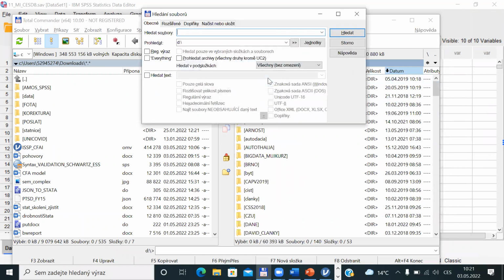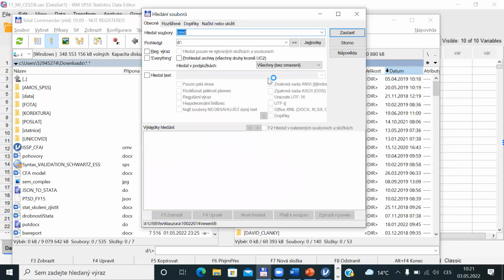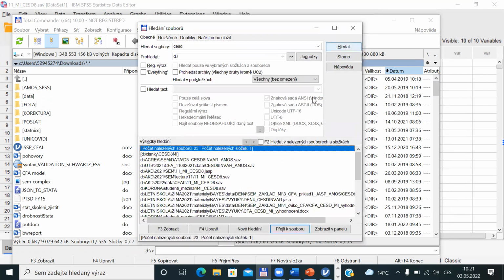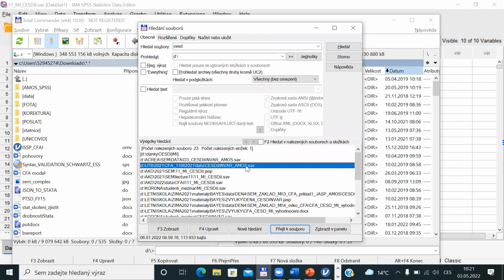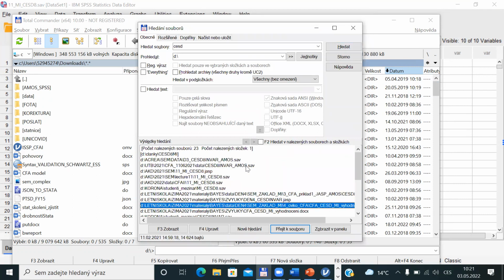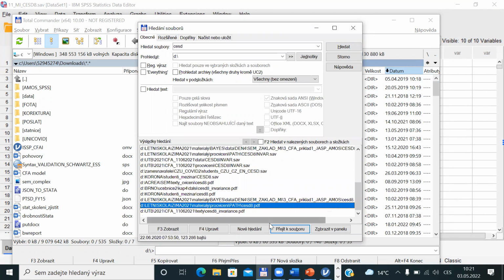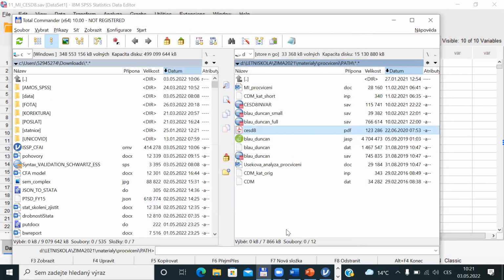I will try to find the CESD description on my computer. Okay. So here it is, I hope.